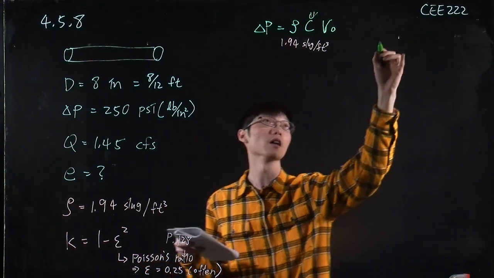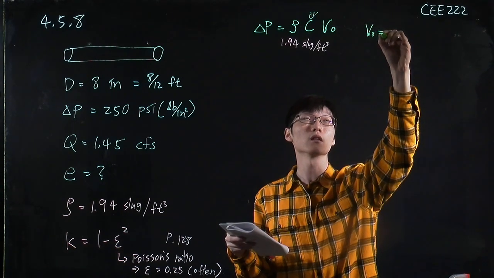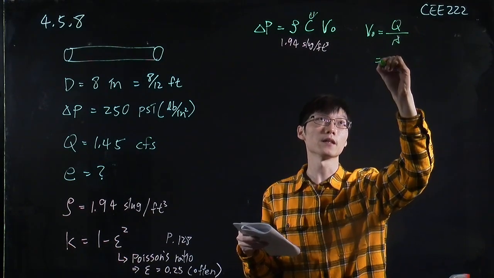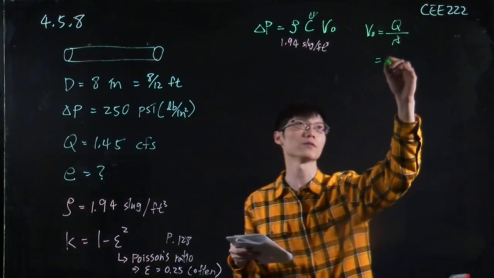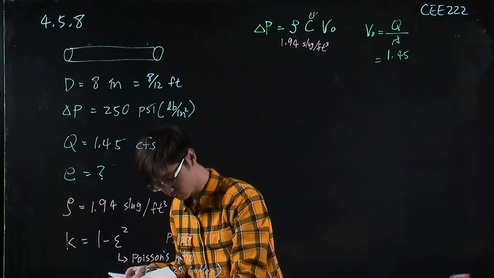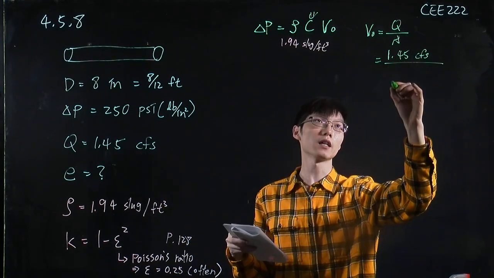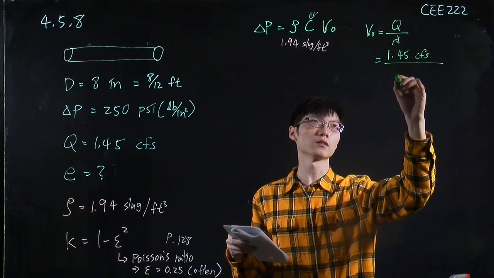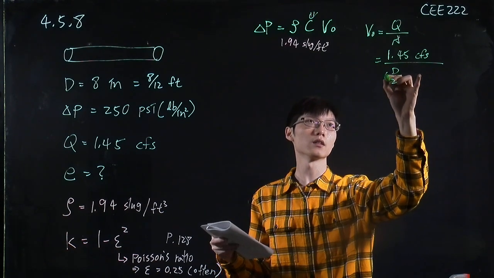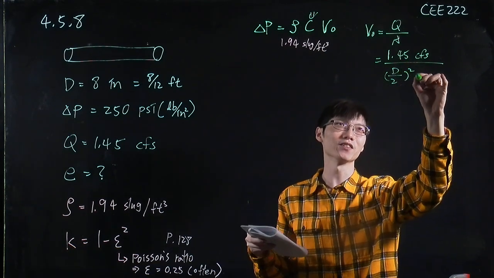Let me write here: the velocity V0 is equal to the flow rate divided by the area, and the flow rate is equal to 1.45 CFS, divided by the area, which is diameter over 2 to the power of 2 times pi.